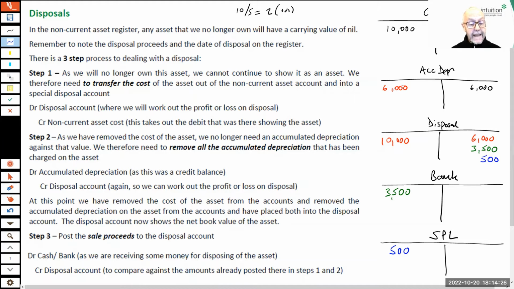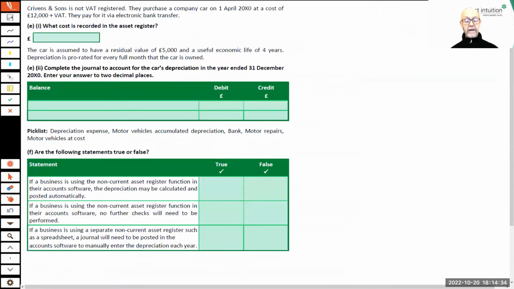So let's now have a look at the first part of tonight's exercise. This is a typical piece of an exam question. I've actually taken the second part of this first, because the other bit is about a disposal in a moment. So Crithens and Son is not VAT registered.